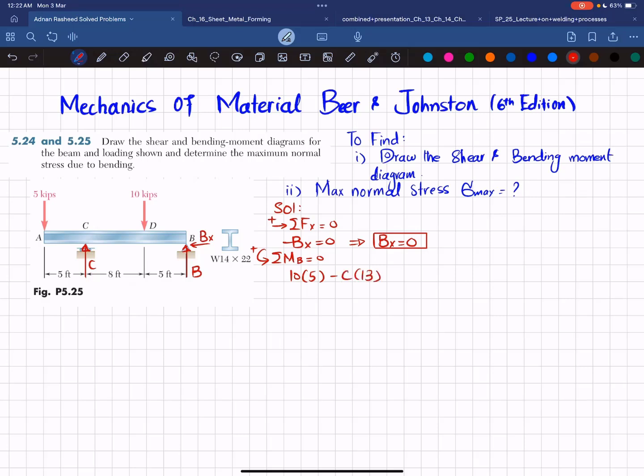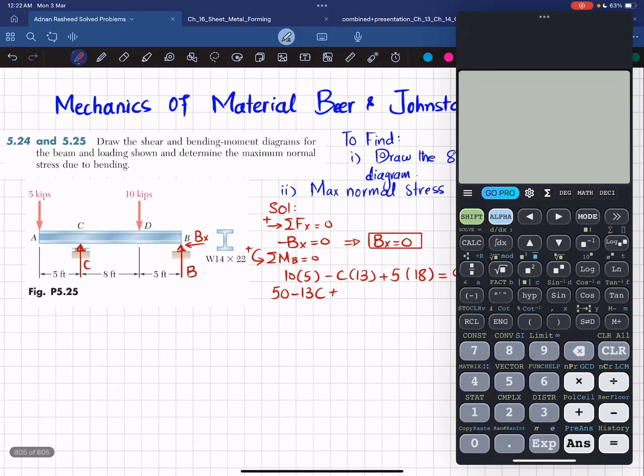And the last moment that is produced due to this 5 kilonewton and perpendicular distance is now 18, and it is producing counterclockwise movement, so it will be positive. So plus 5 into 18 is equal to 0. So this will give us 50 minus 13 times C plus, I will check, 5 multiplied by 18, which will be 90.